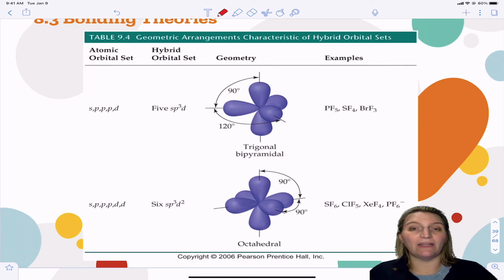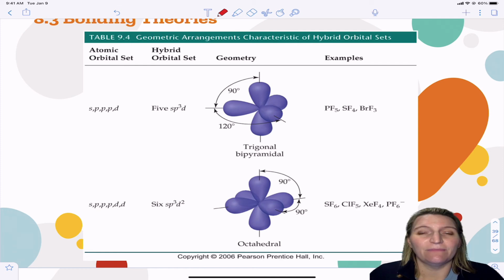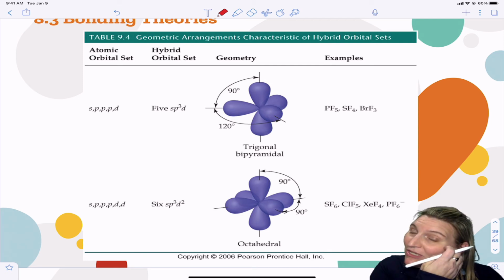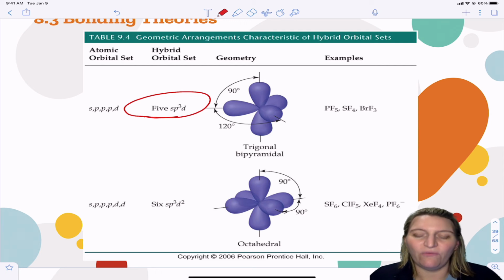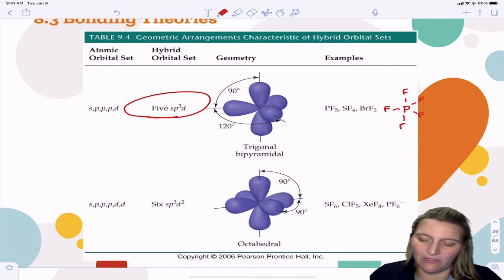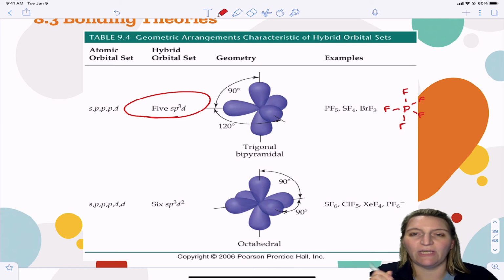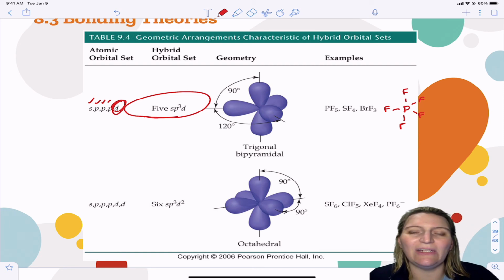When we have expanded octets, remember we said when we first learned about expanded octets, perhaps d orbitals are involved. And there's a debate as to how much the d orbitals are involved, but there is a theory, and we're going to stick to it this year, that if you have a molecule like phosphorus pentafluoride, where the central atom has 5 bonds coming off of it, then you would take one s, the 3p, and you would take one of the d orbitals.